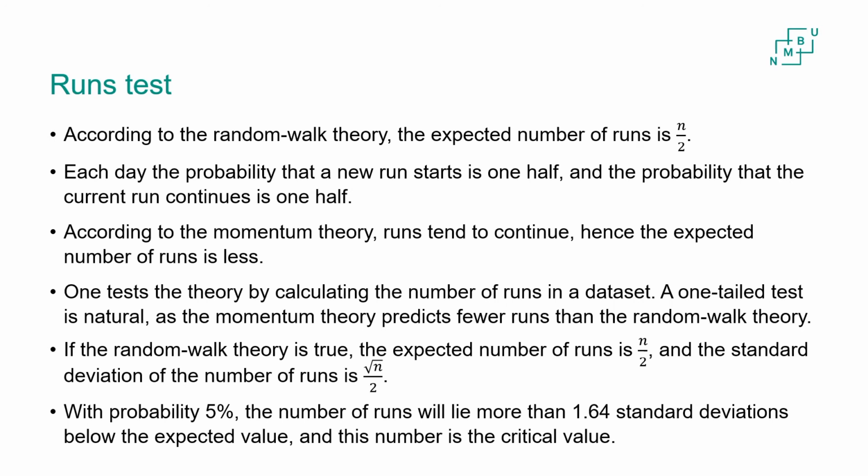So what we are checking is whether our number of runs is less than 1.64 standard deviations below the expected value, and the expected value is n divided by 2. So if our number of runs is below this number, then we falsify the hypothesis of the random walk theory.